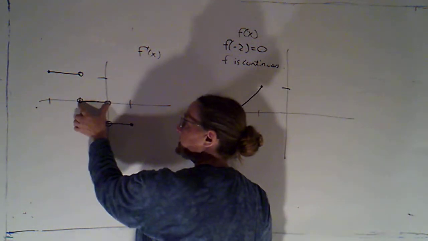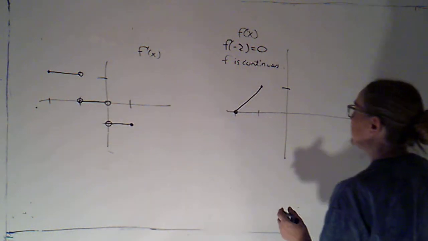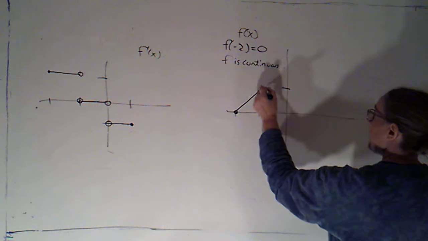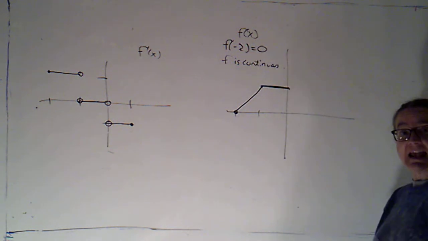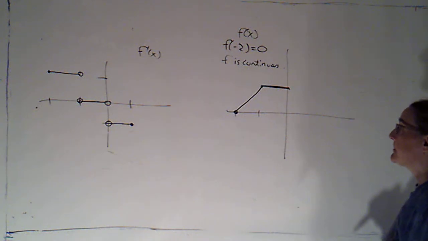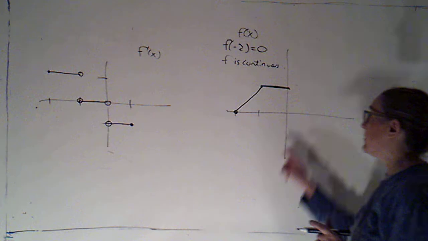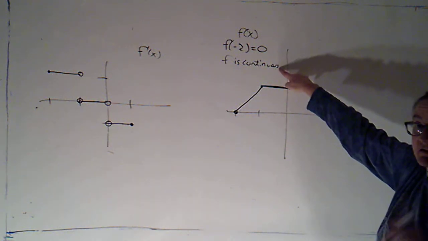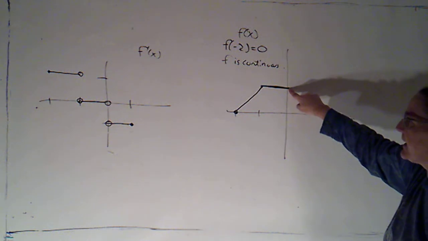Now my derivative is going to be 0 between -1 and 0. So that just means I've got a horizontal line of slope 0, so I'm going to stay at that height of 1. And then at 0, I'm going to have another sudden change in behavior, but since f is continuous, because I was told it was, I'm going to just pick up from this point right here.